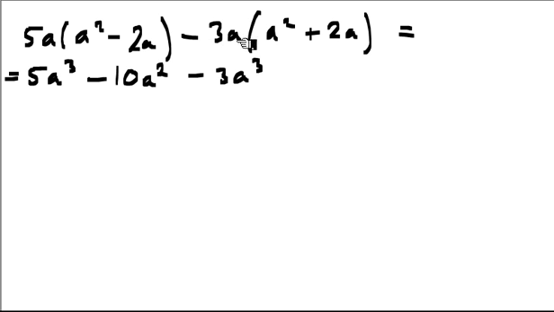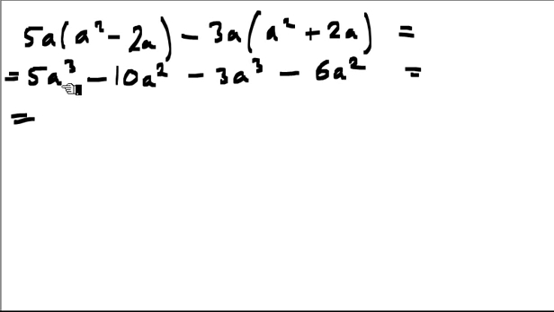Then we have minus 3a times plus 2a is going to be plus, sorry, we had minus 3a times plus 2a is going to be minus 6a2.